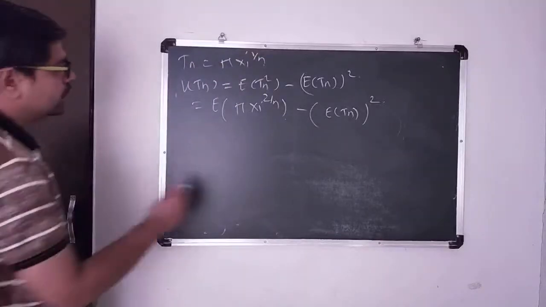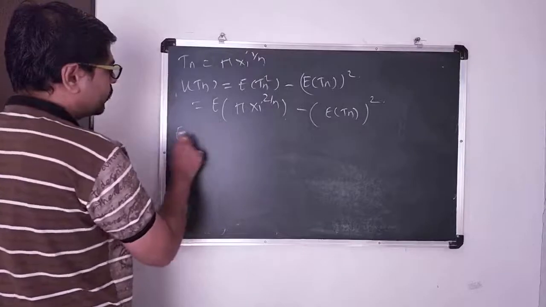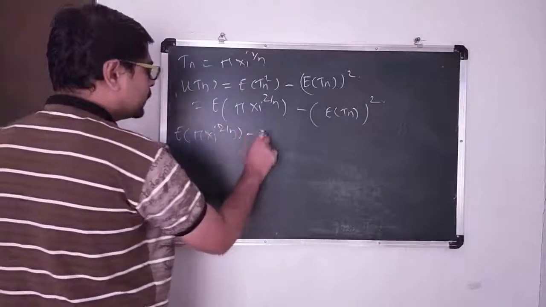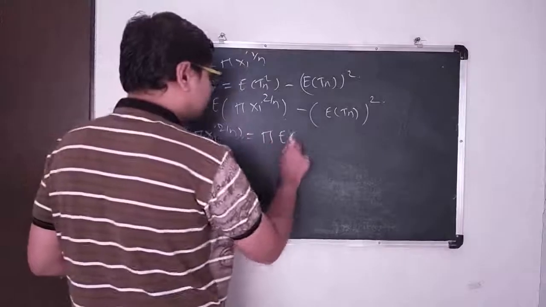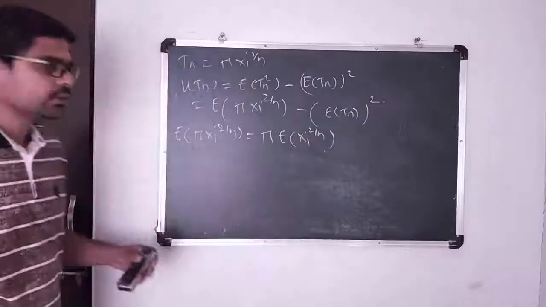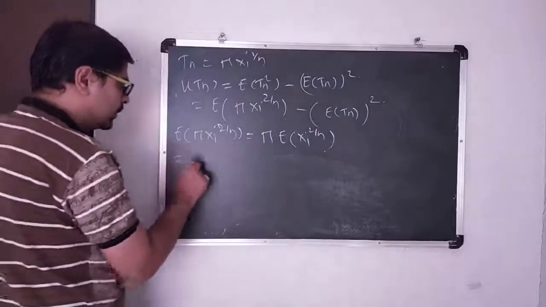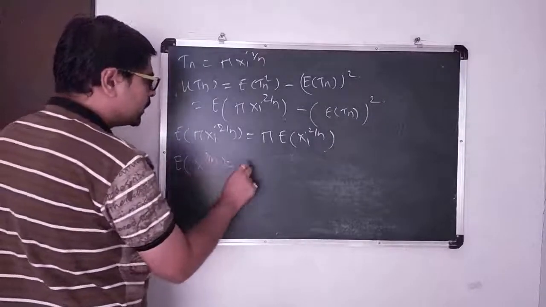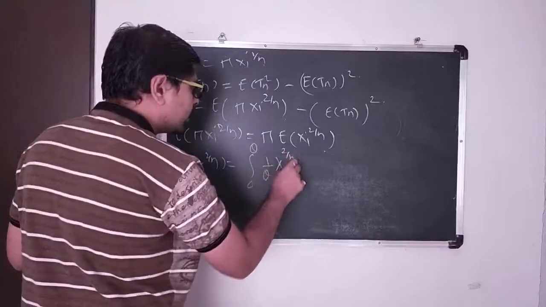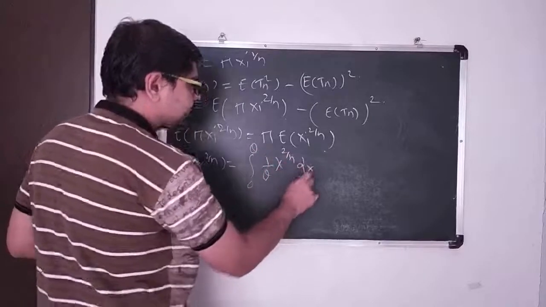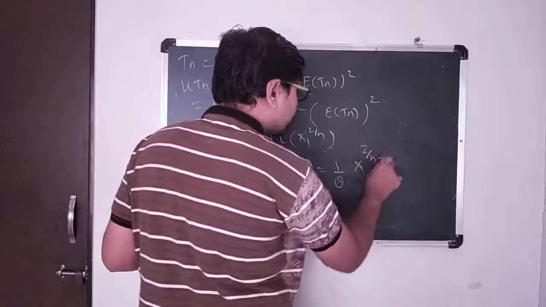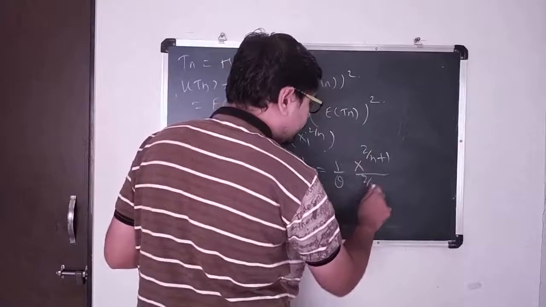So consider the expected value of the product of xi raised to 2 upon n. This is the product of the expected values of xi raised to 2 upon n. So now we will calculate this expected value of x raised to 2 upon n: integration from 0 to theta of 1 upon theta x raised to 2 upon n dx. So this is 1 upon theta x raised to 2 by n plus 1 divided by 2 by n plus 1.